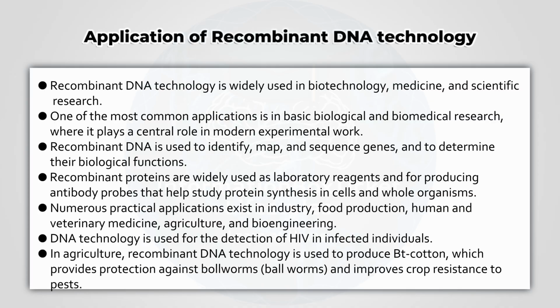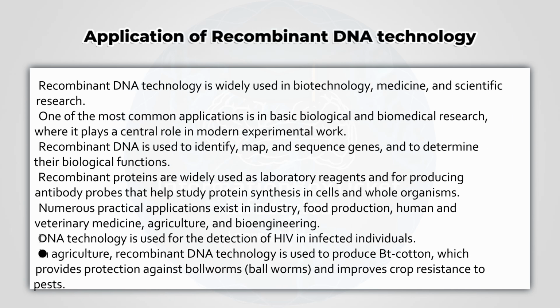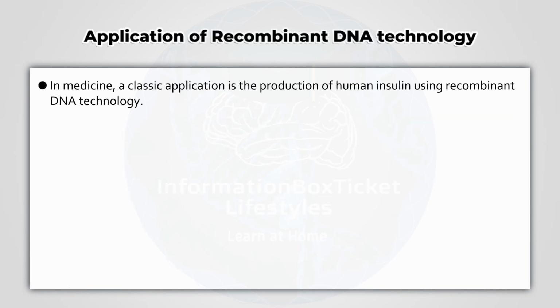In agriculture, recombinant DNA technology is used to produce Bt cotton, which provides protection against bollworms and improves crop resistance to pests. In medicine, a classic application is the production of human insulin using recombinant DNA technology.